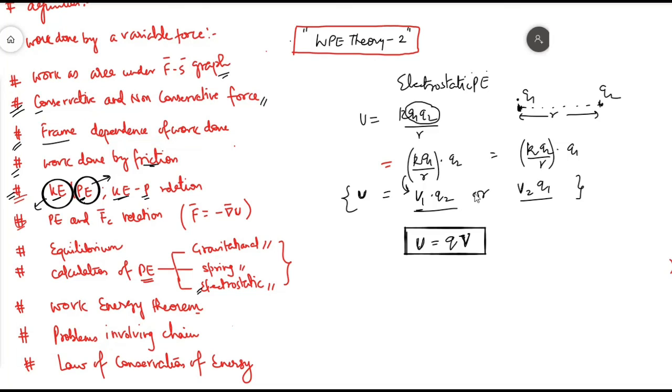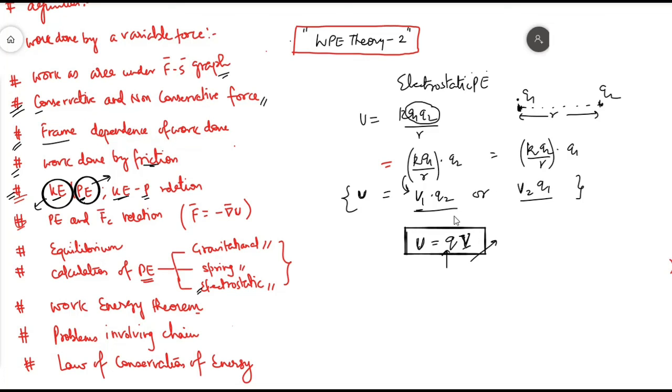In general, I can write the potential energy as defined for a two-particle system, but in many cases you're just going to be given a charge q in a given potential V, which is coming from some electric field. In that case, that potential energy is q into V, where V is the external potential and q is the charge for which you're calculating the potential energy.